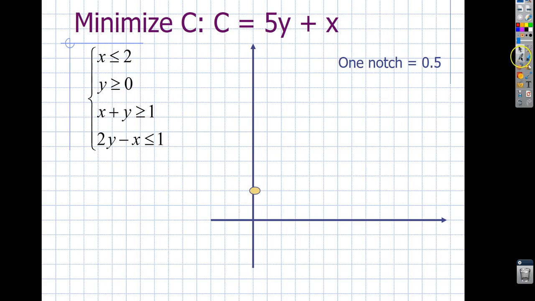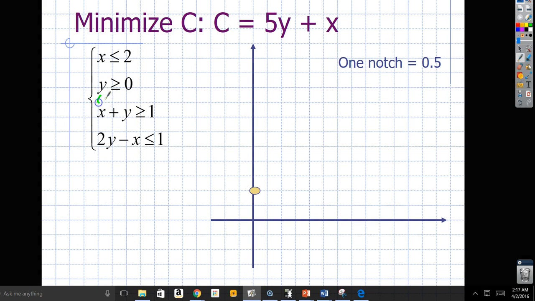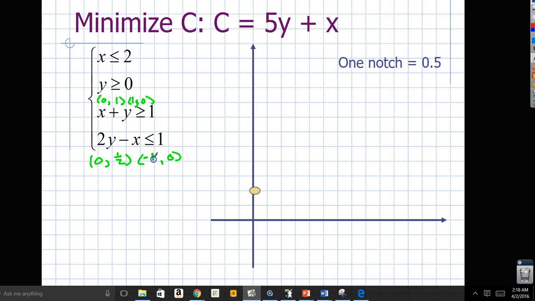These are going to have intercepts. If you let x equal 0, y is going to be 1. Y equals 0, x is going to be 1. So you're going to have intercepts at 1, 1. Here, if we let x equal 0, y is going to be 1/2. If we let y equal 0, then x is going to be -1.